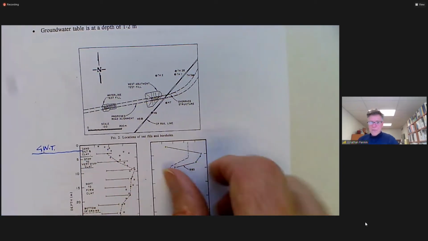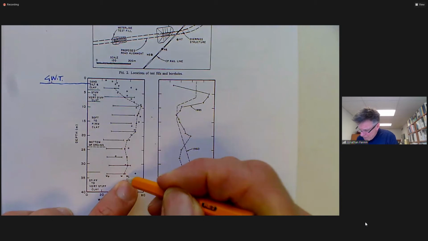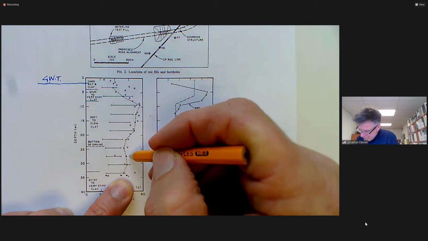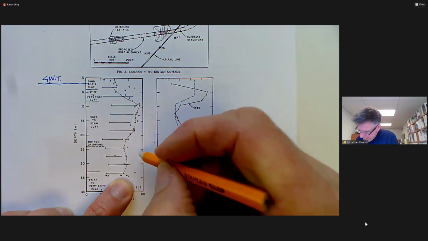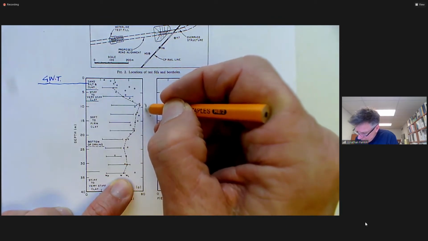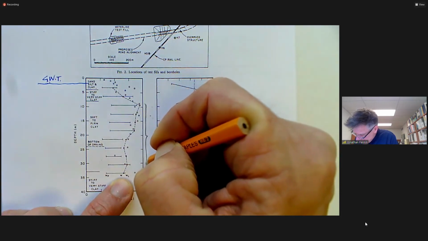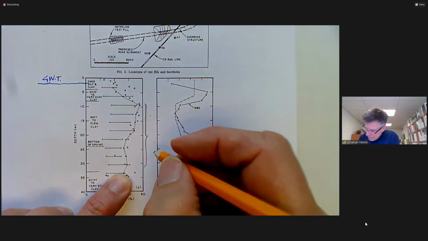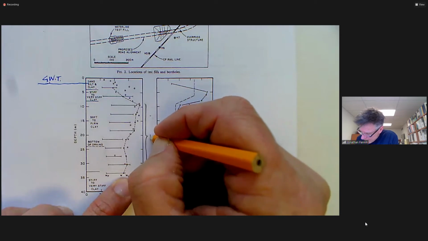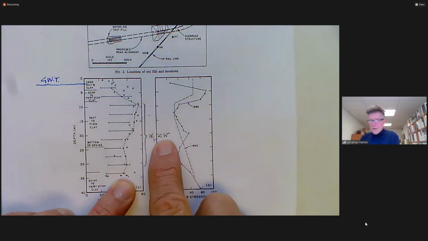In that soft to firm clay, if you look at the details, the natural water content, w, over a considerable distance, from about here to a depth of 30 meters or so, is greater than the liquid limit.